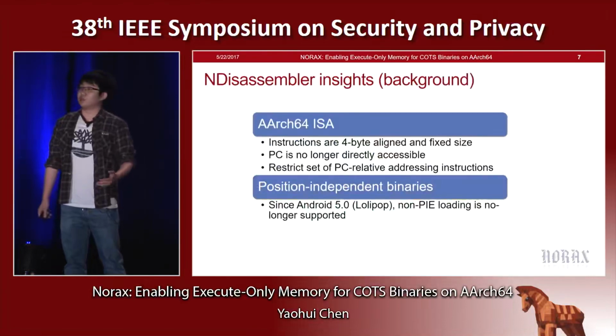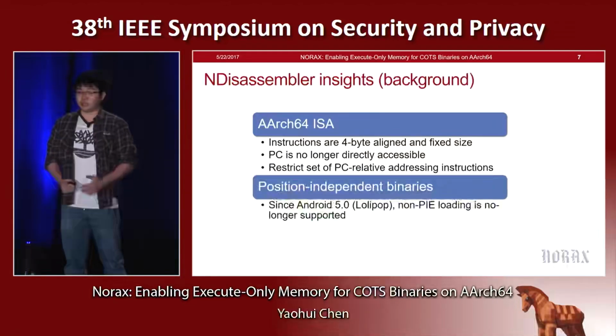Before I dive into how the disassembler works, I want to first share with you some background so that you can know the rationale behind the disassembler's analysis. First of all, in the ARM64 ISA, the instructions are all 4-byte aligned and have a fixed size. Also, the PC register is no longer directly accessible, and most importantly, they only expose a very limited set of instructions to perform PC-relative addressing.